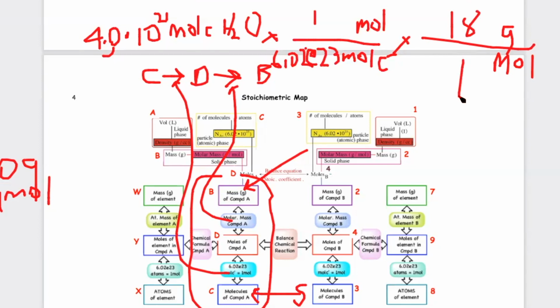I apologize that my writing isn't very good, but let me bring a calculator up real quick so that you know how to punch this in, because when you're doing exponential notation, it's not always easy to do this correctly in your calculator.